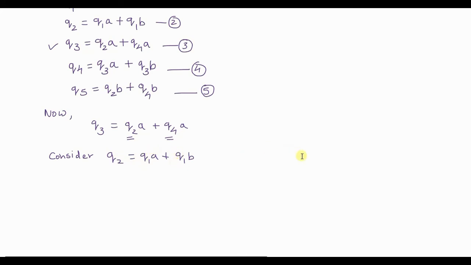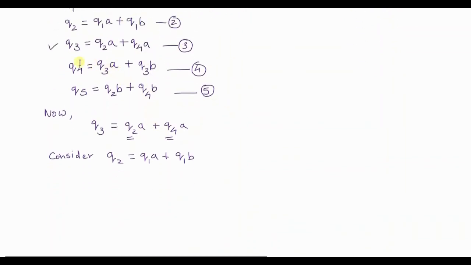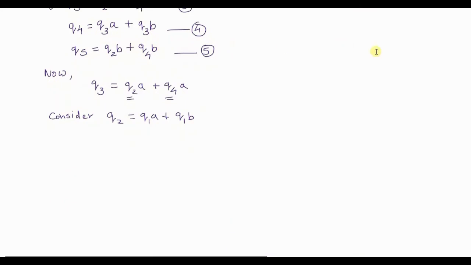When you consider equation number 1, Q1 gives null. So if I substitute equation number 1 in the Q2 equation, wherever Q1 is there, replace it with null. So Q2 will be equal to A or B.